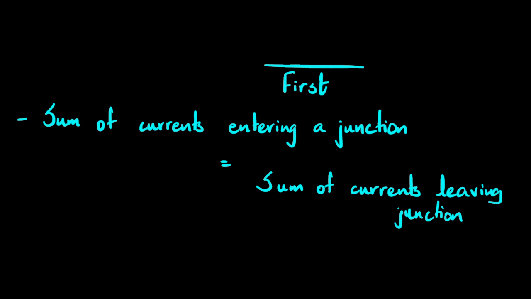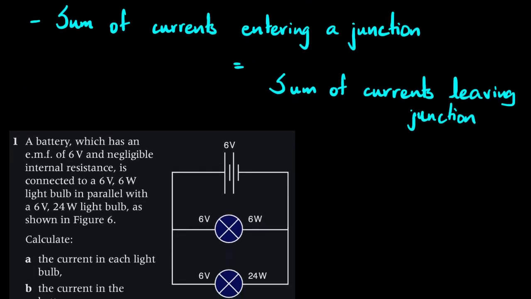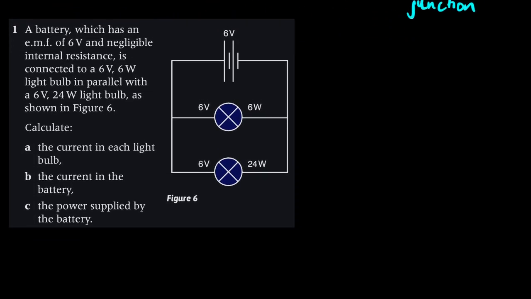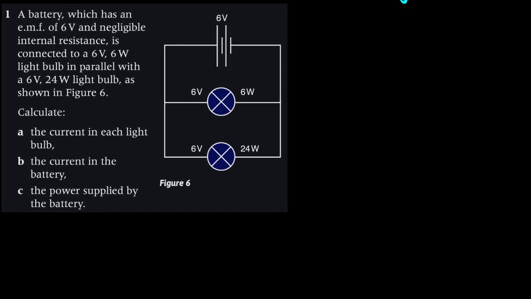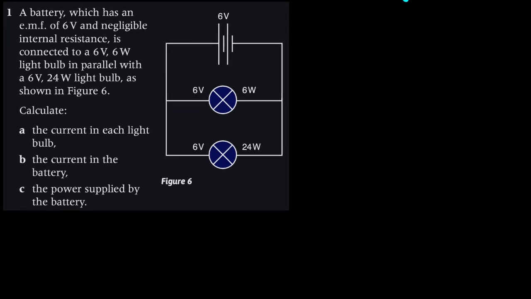So now let's have a look at some of the examples. So this is the first one of those. This question says a battery which has an EMF of 6 volts and negligible internal resistance. Later we'll also be doing questions related to internal resistance, right now we can ignore this.